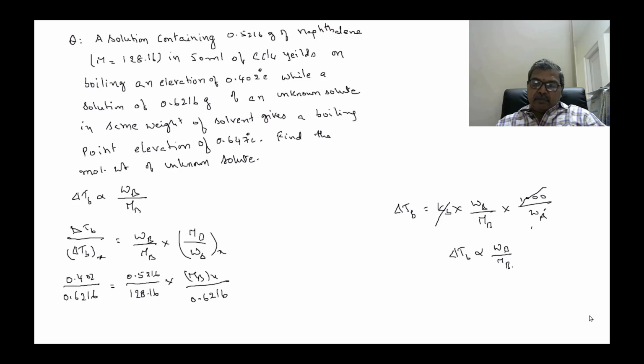Here I made a mistake. 0.6216 is the weight of the solute, and the elevation in boiling point is 0.647. Now we got this equation; from it you find the molecular weight of the solute. Clear?